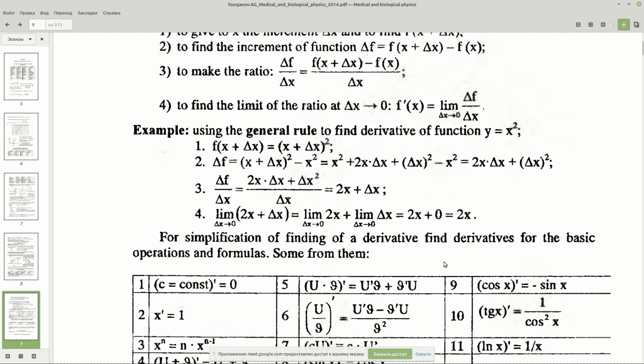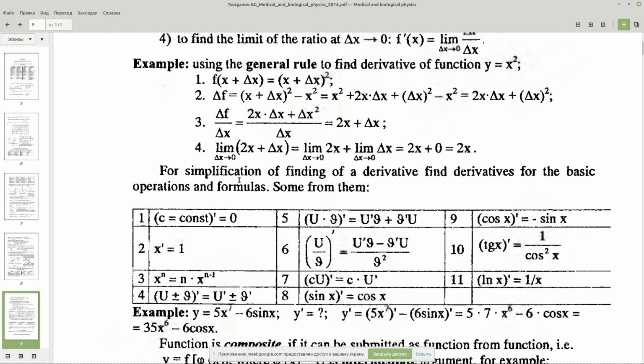For simplification of finding derivatives, we use the derivatives of the basic operations and formulas. Some of them will be here in the table of derivatives.